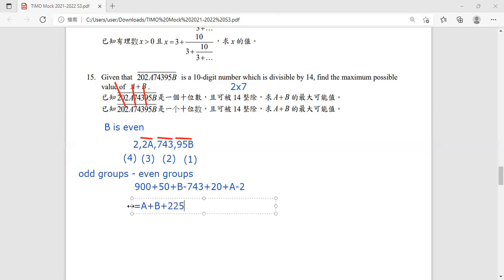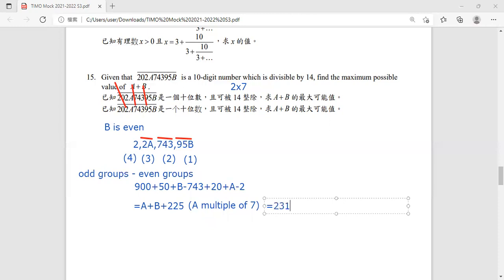Now, this number should be a multiple of 7. So what will it equal to?